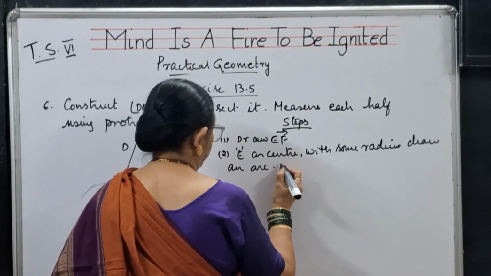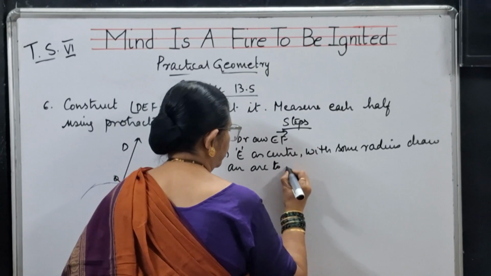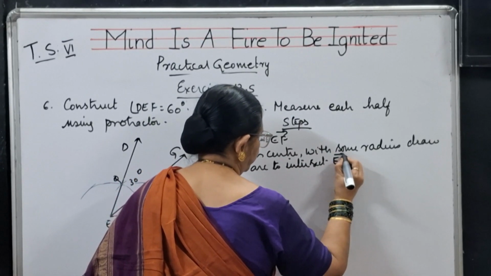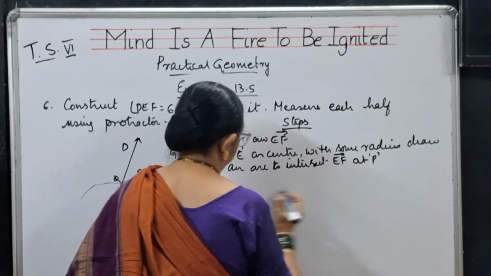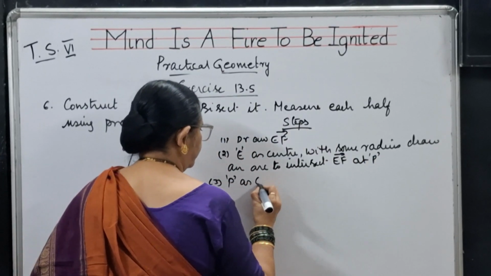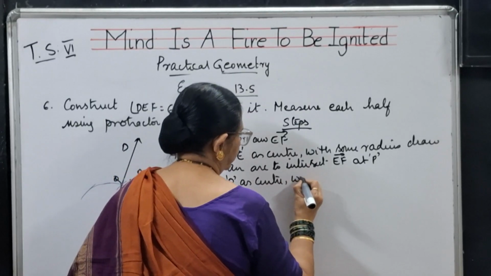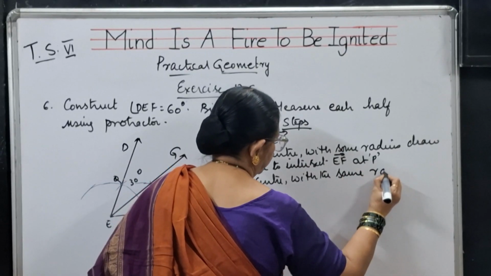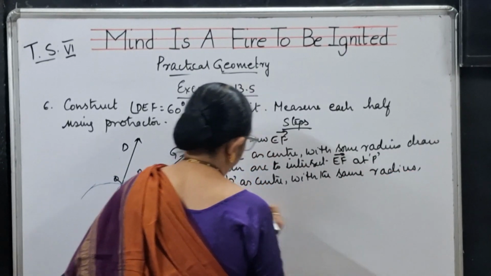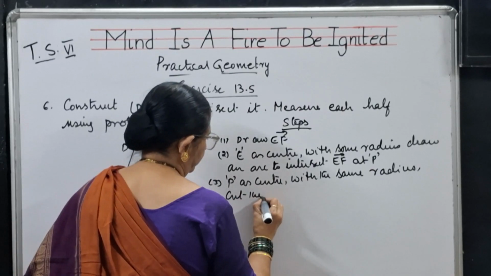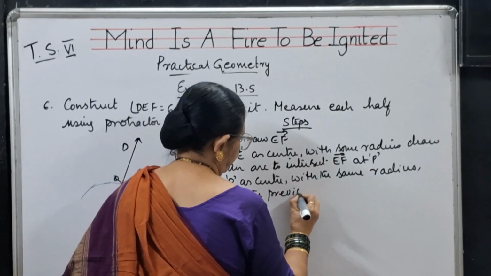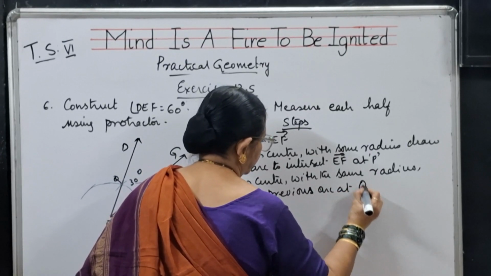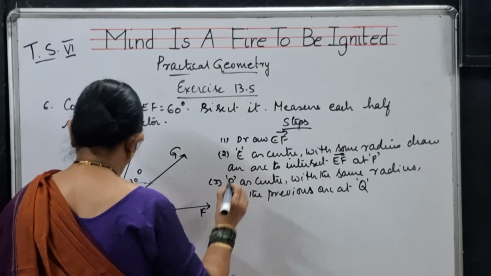Third one, arc to intersect EF at P. Next, P as a center with the same radius, cut the previous arc at Q.